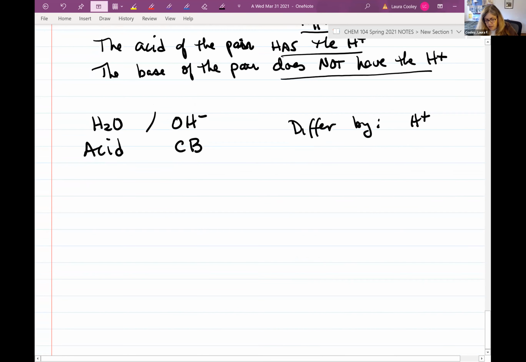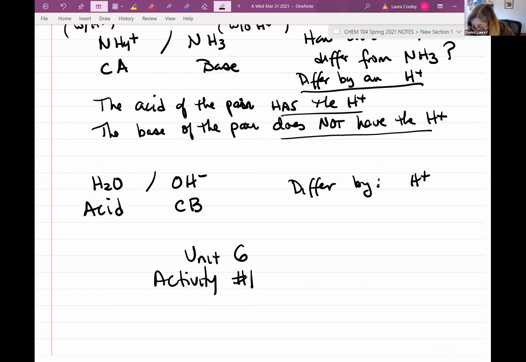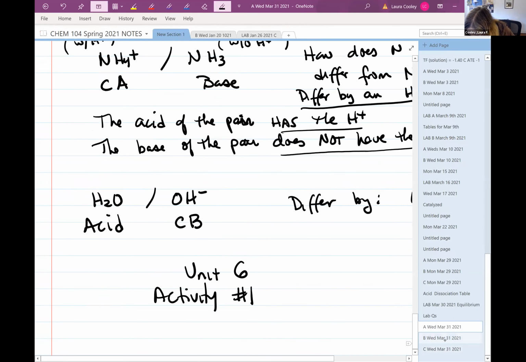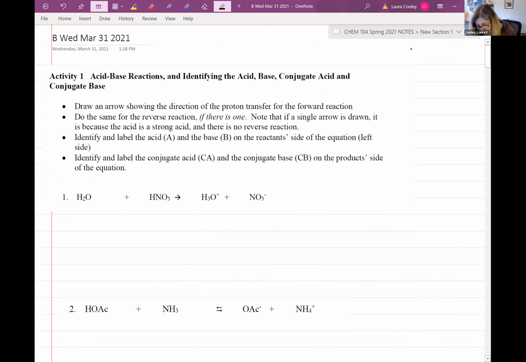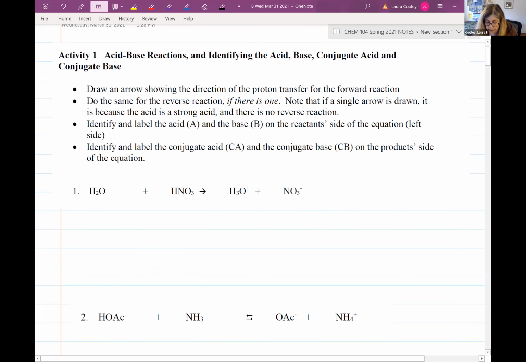Okay, so I'm going to move to activity 1 from unit 6, which I have on the next page. Yeah, here it is. In this exercise, we're going to draw an arrow.